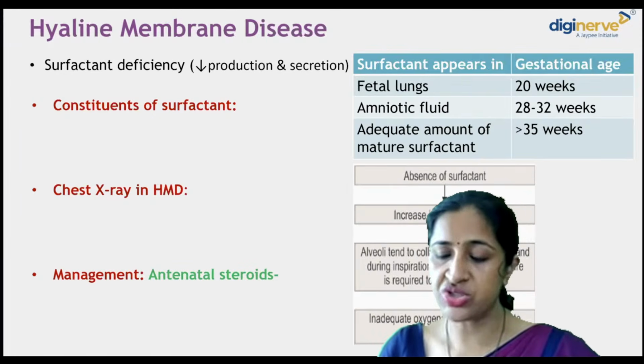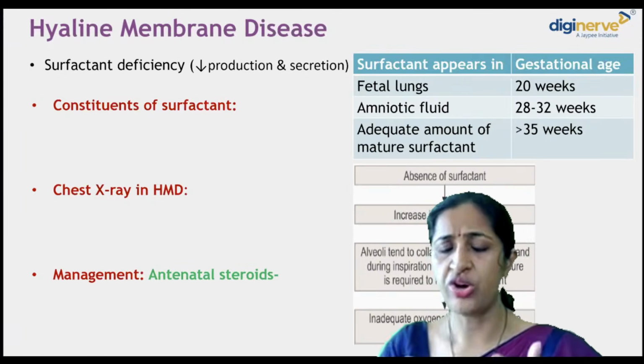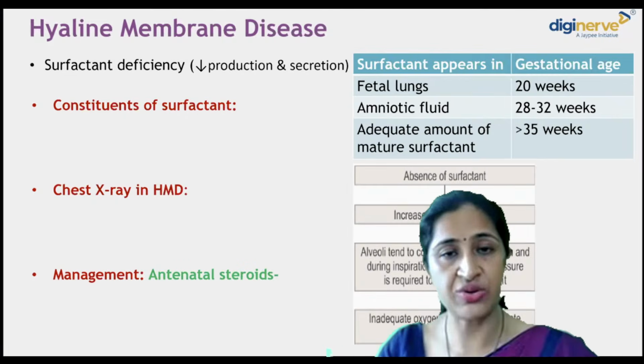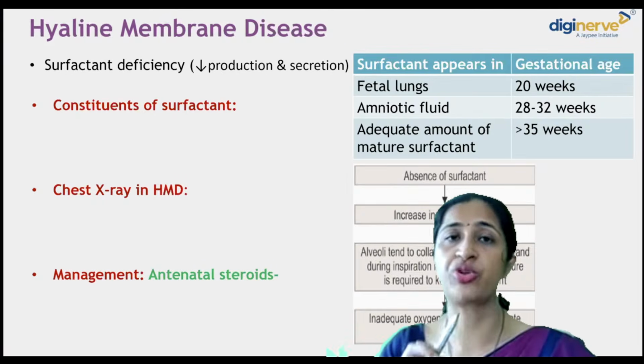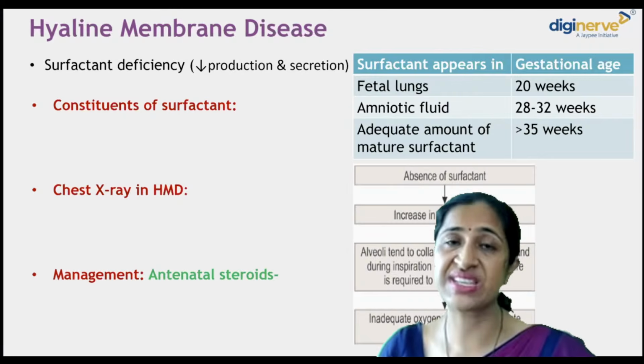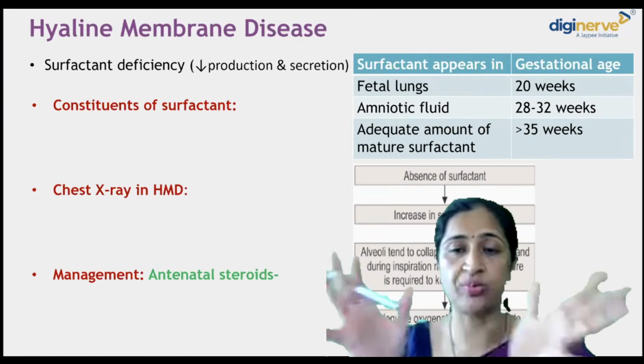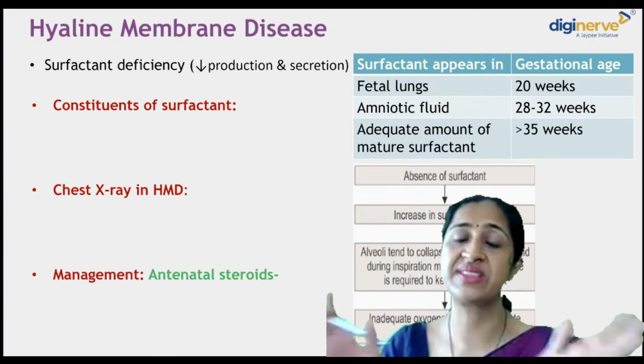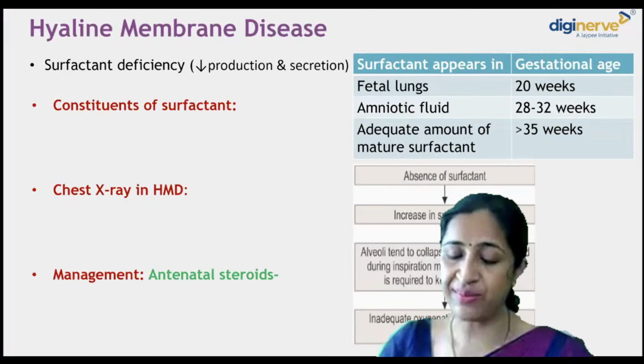Okay. Constituents of surfactant, this you all know. Phosphatidylglycerol is the main constituent of surfactant. Lecithin is another constituent of surfactant. Apoproteins and glycoproteins are constituents of surfactant. Now, what do you see in the chest X-ray? You will see reticulonodular opacities, ground glass appearance in severe disease with air bronchograms.